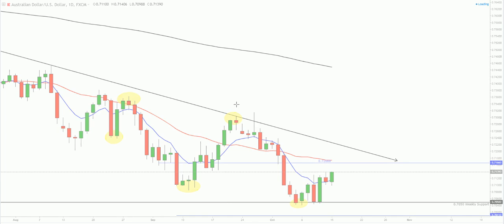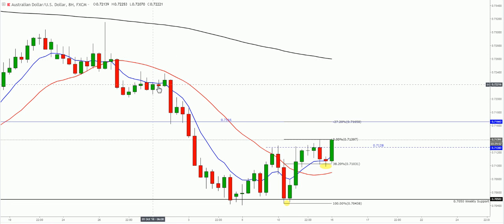Onto the 8-hour time frame, you can see that we had this low down here at the weekly support, where price had bottomed out, and that took us above the moving averages, which then crossed over. However, price up to now has failed at this 0.7130 region.